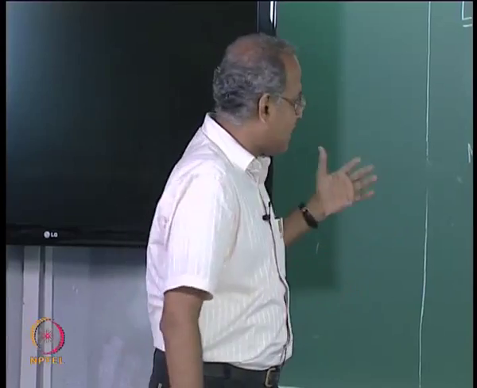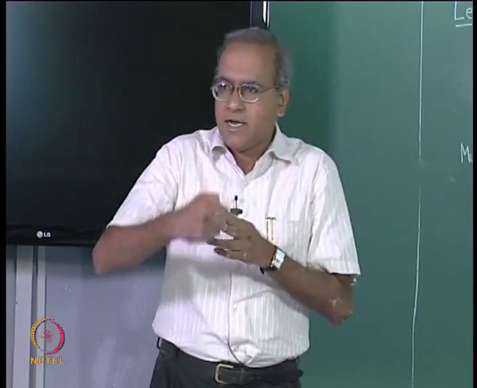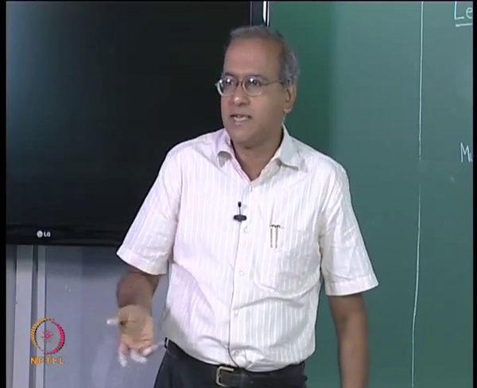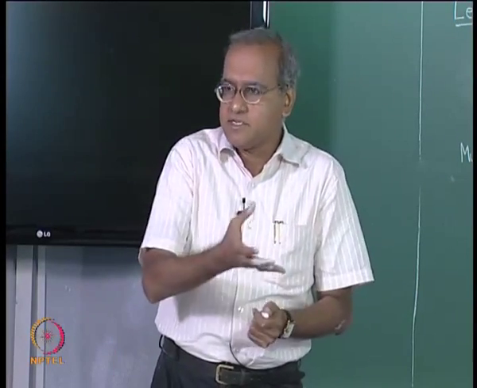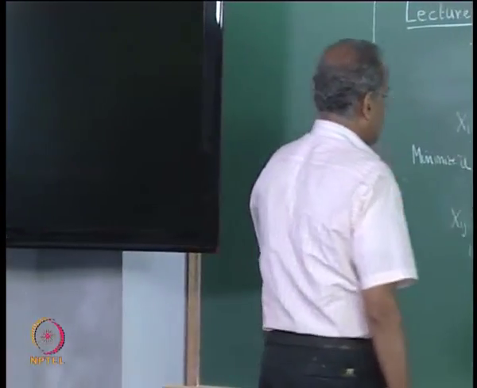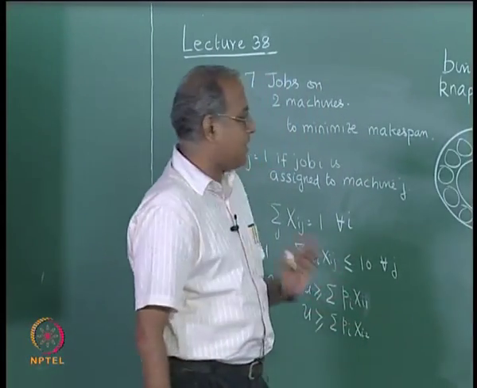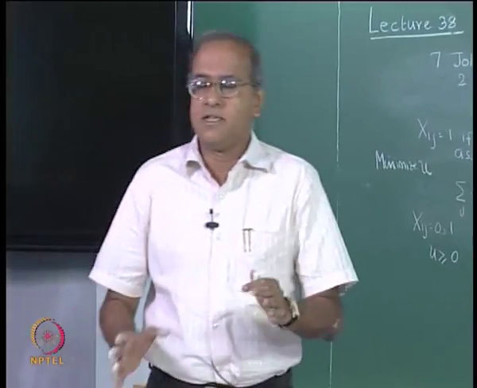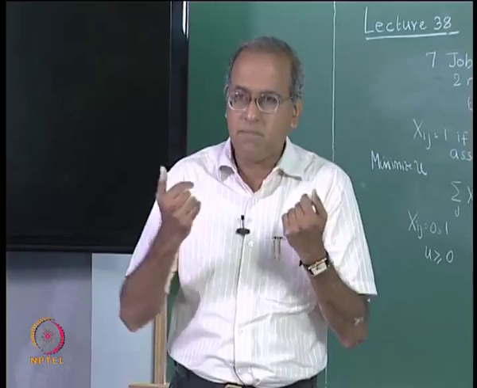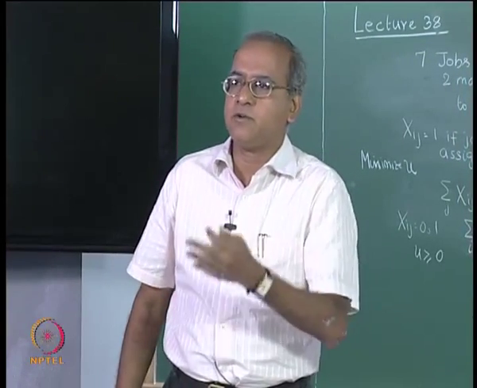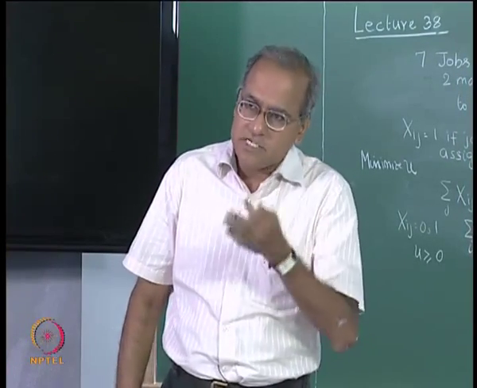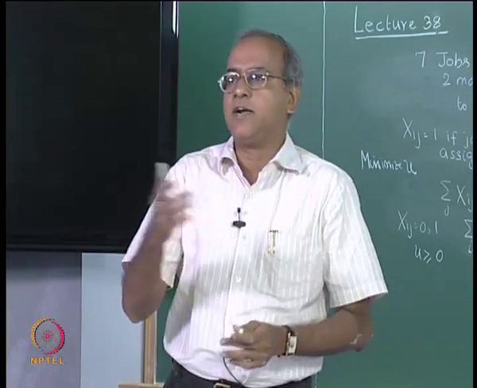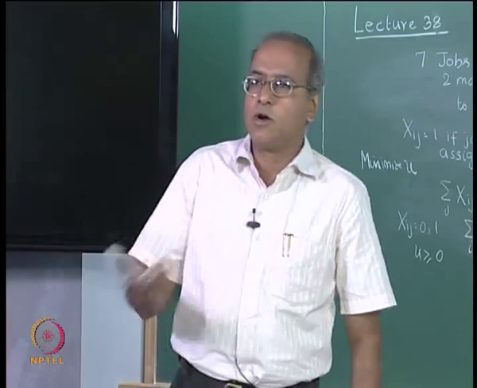This problem does not talk about at what time each of these 7 jobs comes out. It is only an allocation which says machine 1 is utilized for 22 time units and machine 2 for 18 time units, and since they are done in parallel, all of them are over in 22 time units. But if we had individual due dates for each of these, then we get into a loading and scheduling problem, which becomes more complicated.